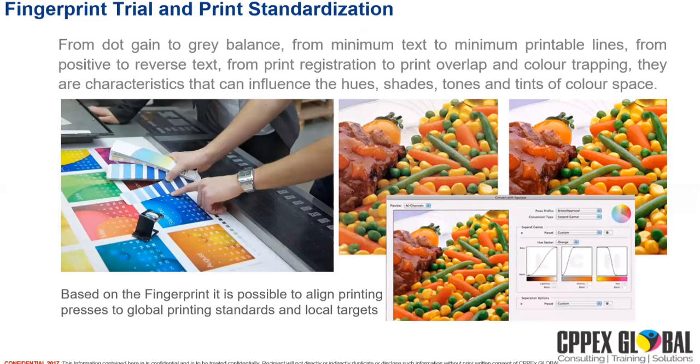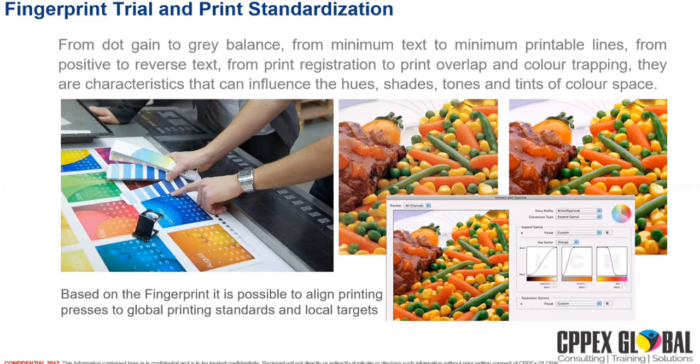calculate what the capabilities of the machine are to produce positive and reverse text, from print registration to print overlapping to color trapping. Then there are characteristics that can influence the hues, shade, tones, and tint of the color space. So the fingerprint will give us the capabilities of machines to monitor all these variables of printing.